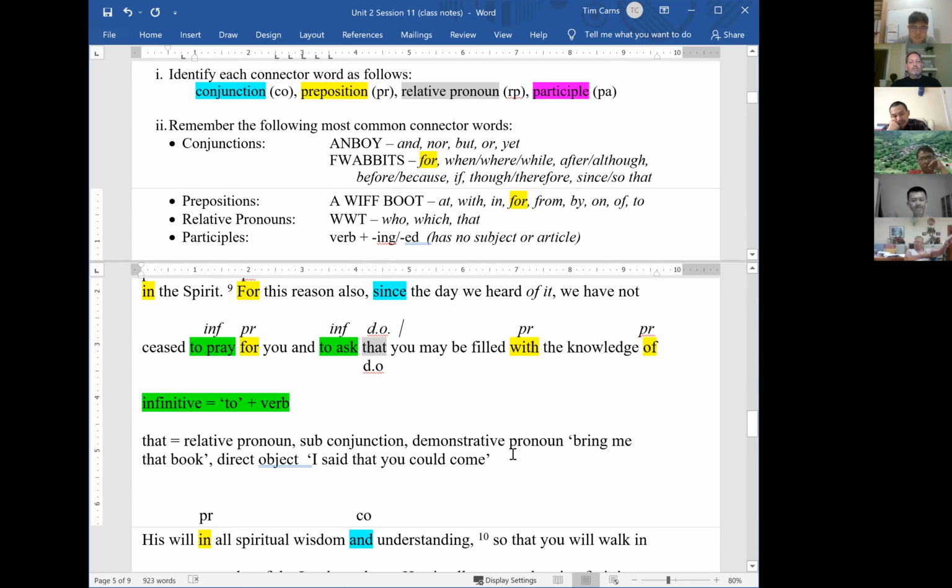So like I said, whenever you see the word for or the word that, you've got to stop a minute and think a little bit. Because there are different possibilities with it. Now, if you miss that and you just saw the word that and said, okay, that's a connector word, it's okay.